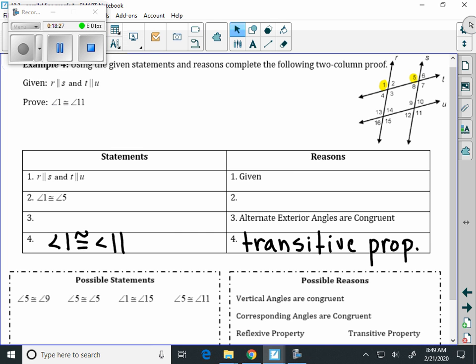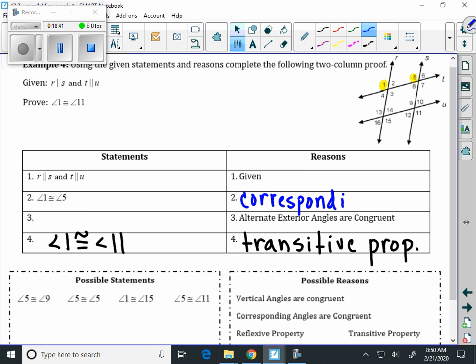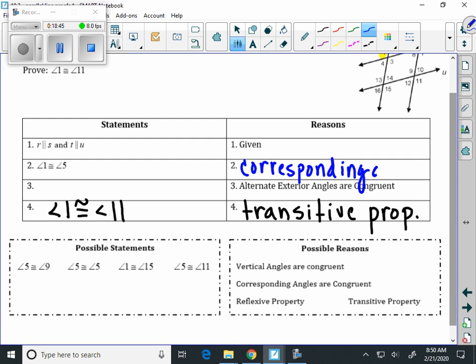Well, they're both above the transversal, and they're to the left of the parallel line, which means that this is our corresponding angles are congruent. I'm just going to write congruent there. I'm running out of space.